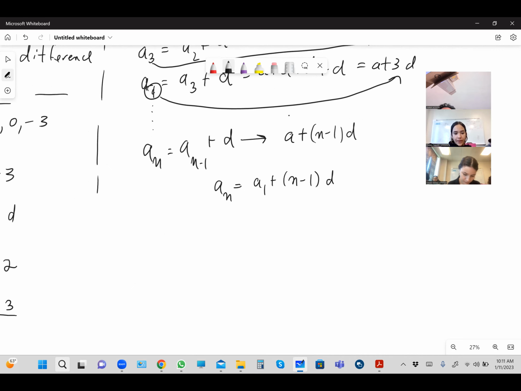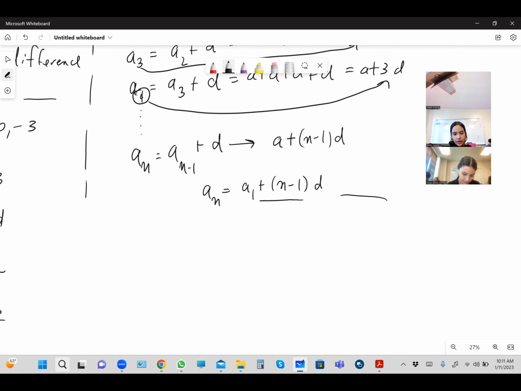Now, here's the thing. When we did the triangle number sequence, when we had 1, 2, 3, 4, 5, this is an arithmetic sequence where A sub 1 equals 1 and the common difference is 1. It's a specific type of arithmetic sequence.